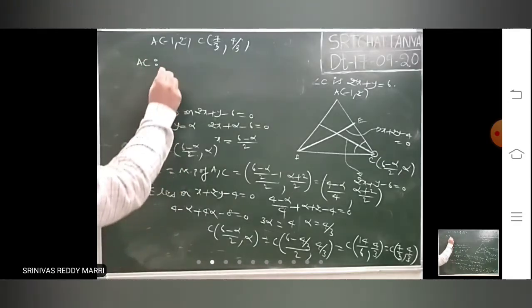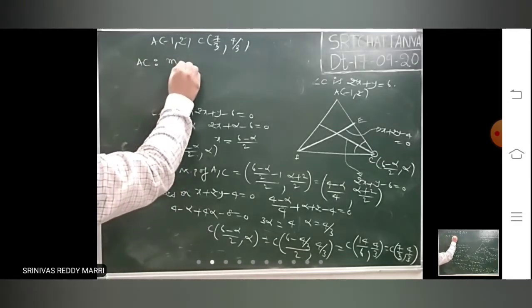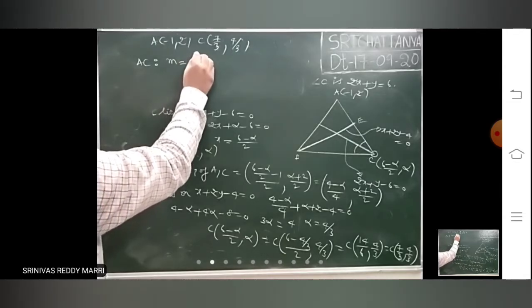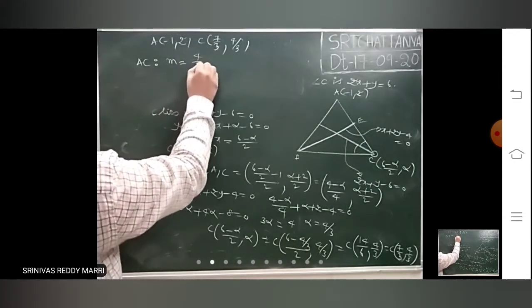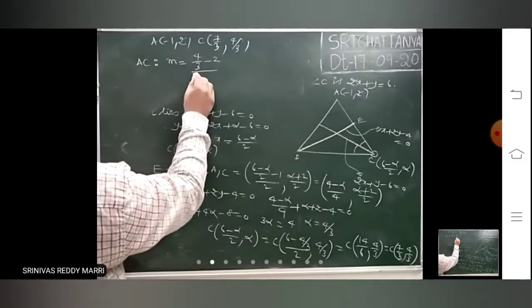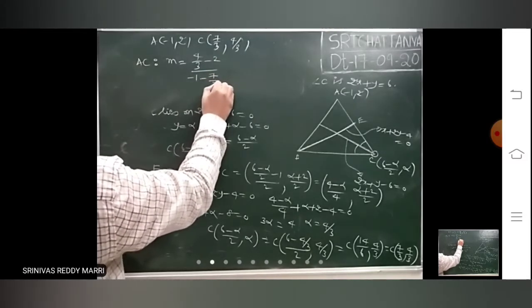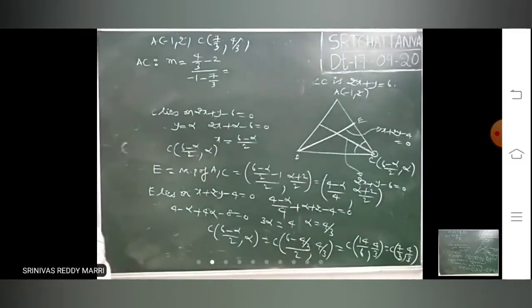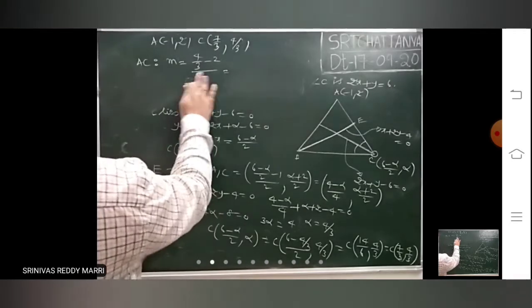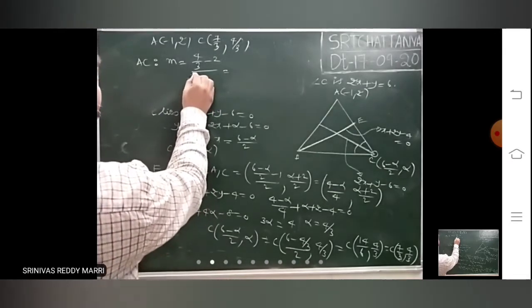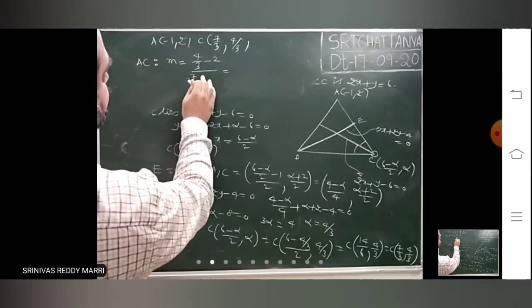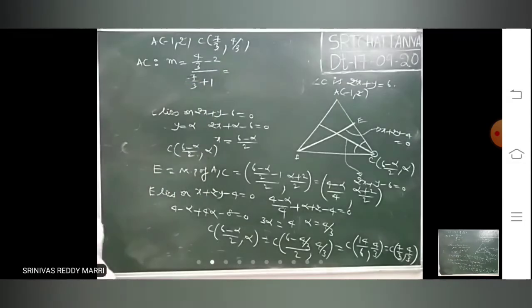Equation of AC is nothing but slope. Slope I am calculating: 4 by 3 minus 2 divided by 7 by 3 plus 1.